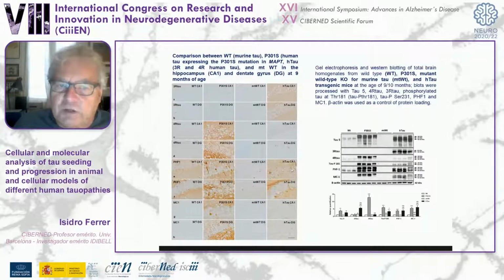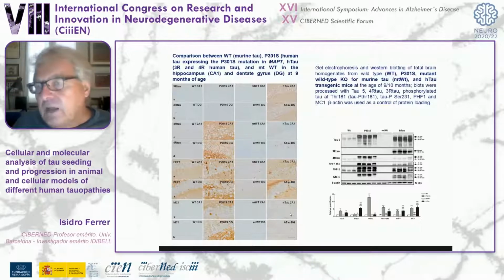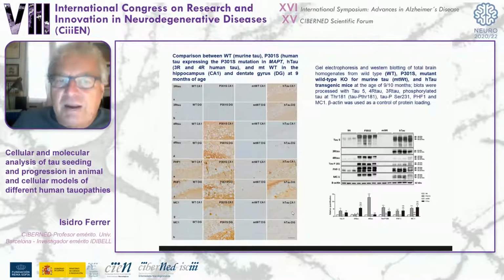So, for example, here we can see that PHF1 is expressed, but with characteristics which are completely different from those in this one. And the same happens with the other one, MC1. The other markers, for example AT8, are negative.